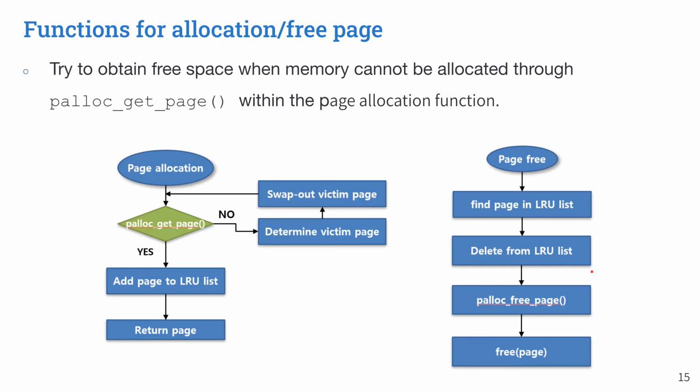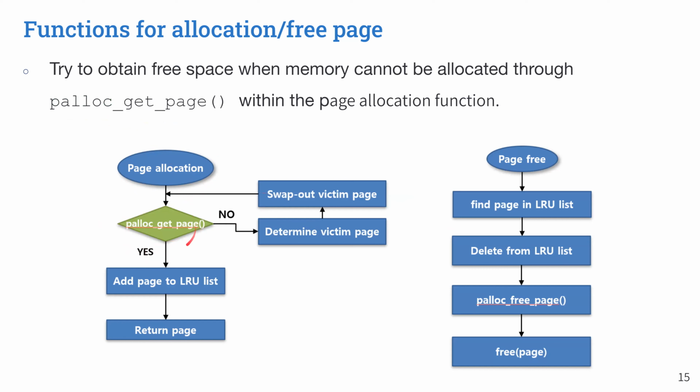To allocate and free a page, until now you just used the palloc get page function, and when Pintos is running out of pages, Pintos just finishes. But now, when you get null or zero from palloc get page, if it's not successful, you should swap out the victim page and do it again to get a new free page.